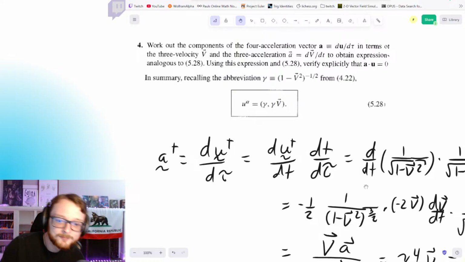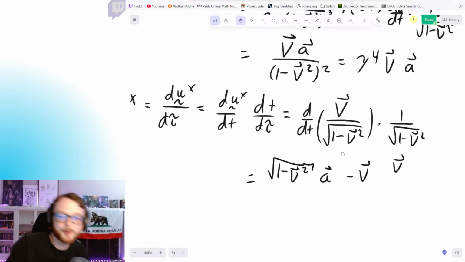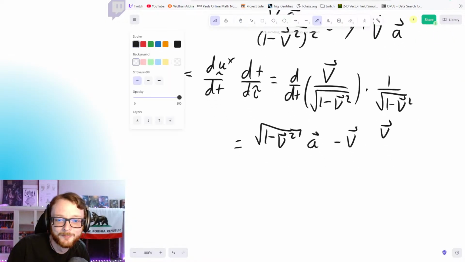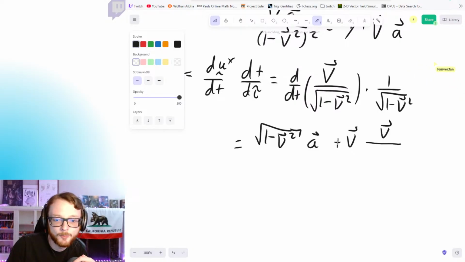Maybe. But I might just keep grinding out this quotient rule in the meantime. I need a minus sign because it's minus. Wait, yeah. I need a minus sign, so that becomes plus.